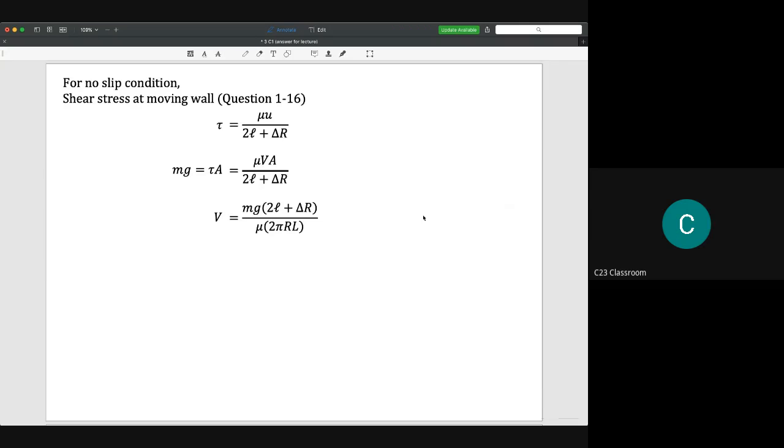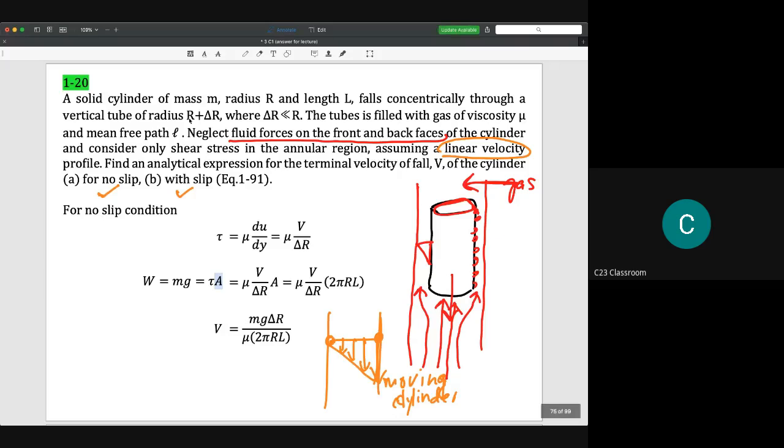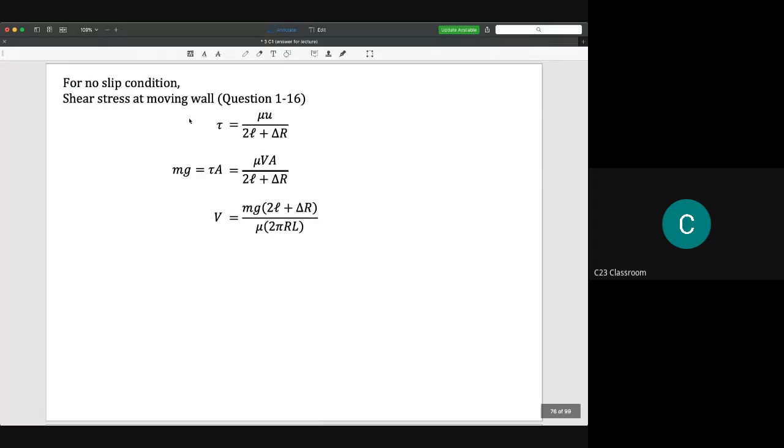We already derived the equation for the shear stress of the moving wall. Oh, wait a minute. Okay, I'm sorry, this is for the slip condition, I think.